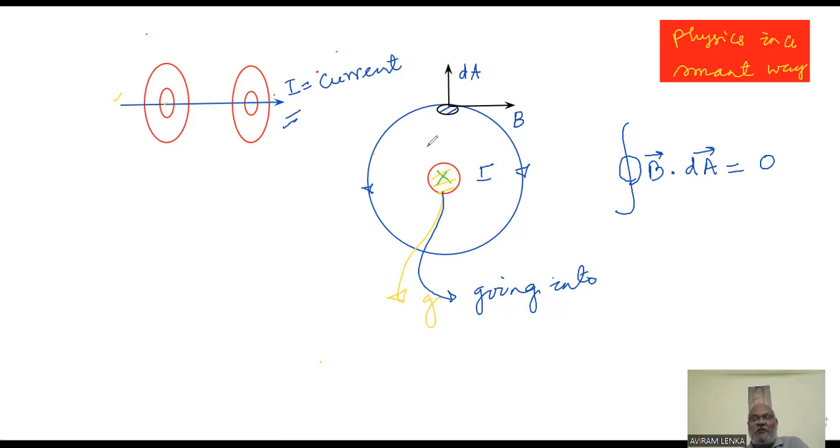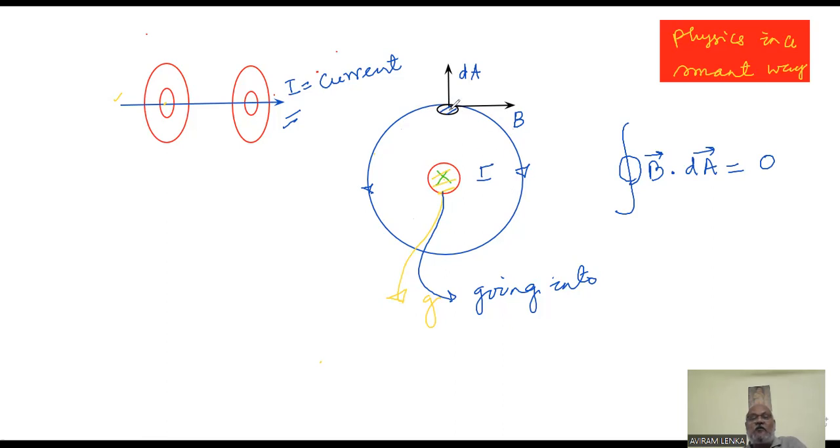Of course, we do not consider a stout conductor. We consider a thin conductor that will be crossing the so-called Gaussian surface at two different places. A particular magnetic line of force is shown.